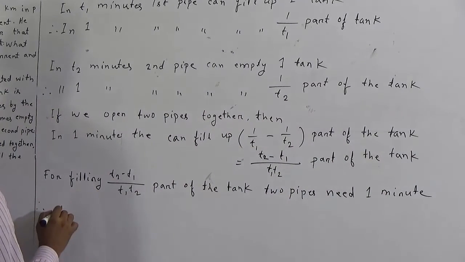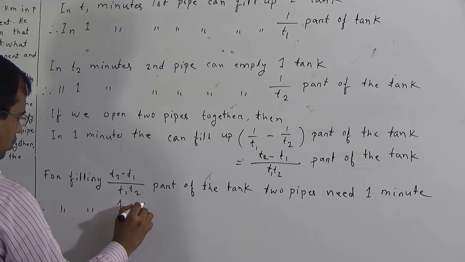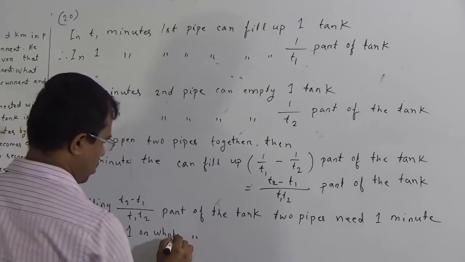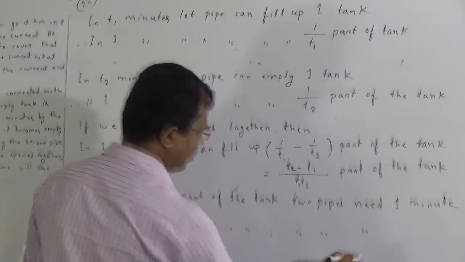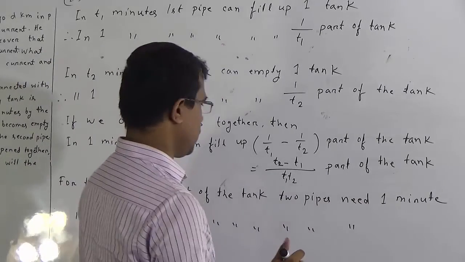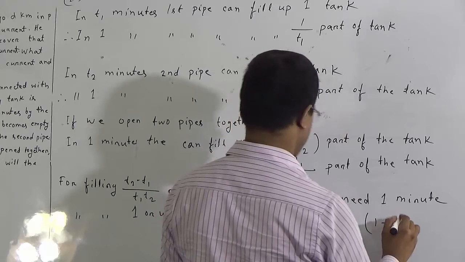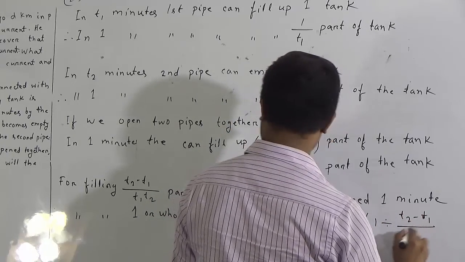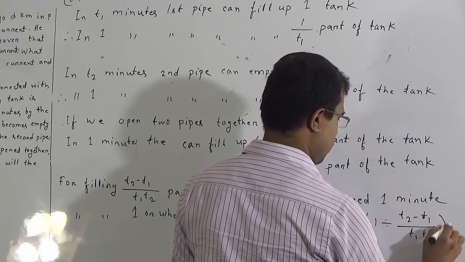Therefore, for filling one whole part of the tank, 2 pipes need 1 divided by T2 minus T1 divided by T1 T2 minutes.